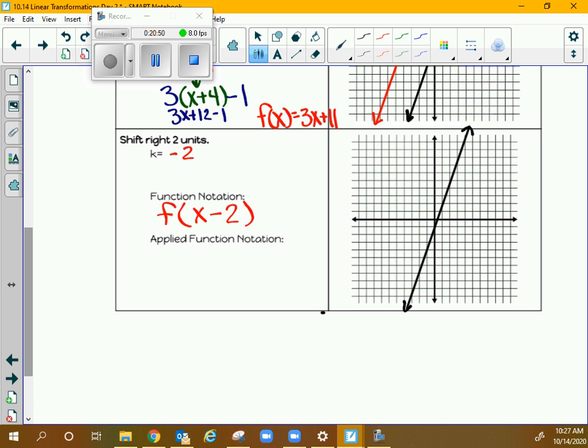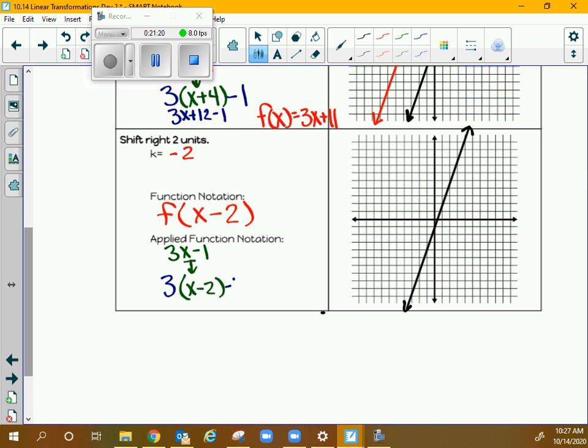So in your function, 3x minus 1, I'm going to replace my x with what? X minus 2. And then where does the 3 and the -1 go?